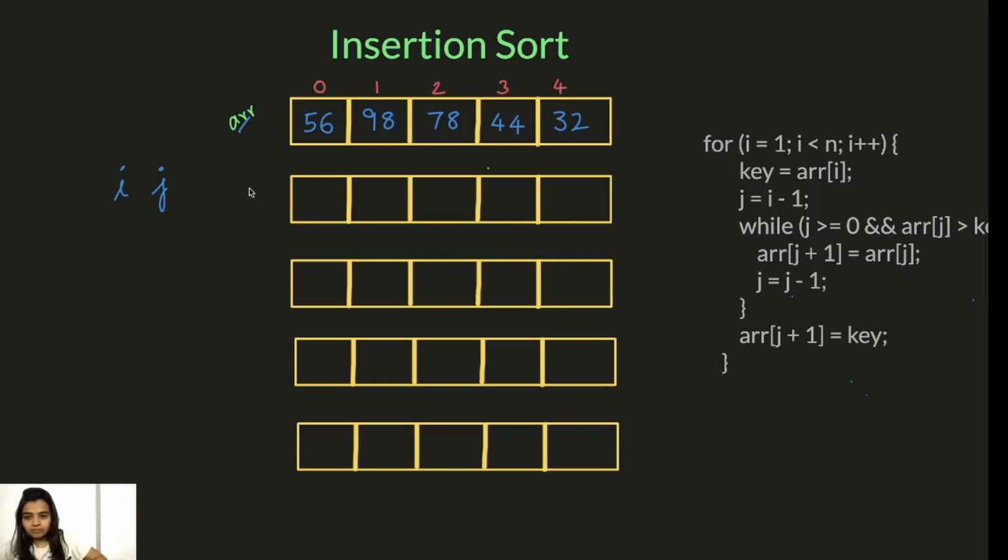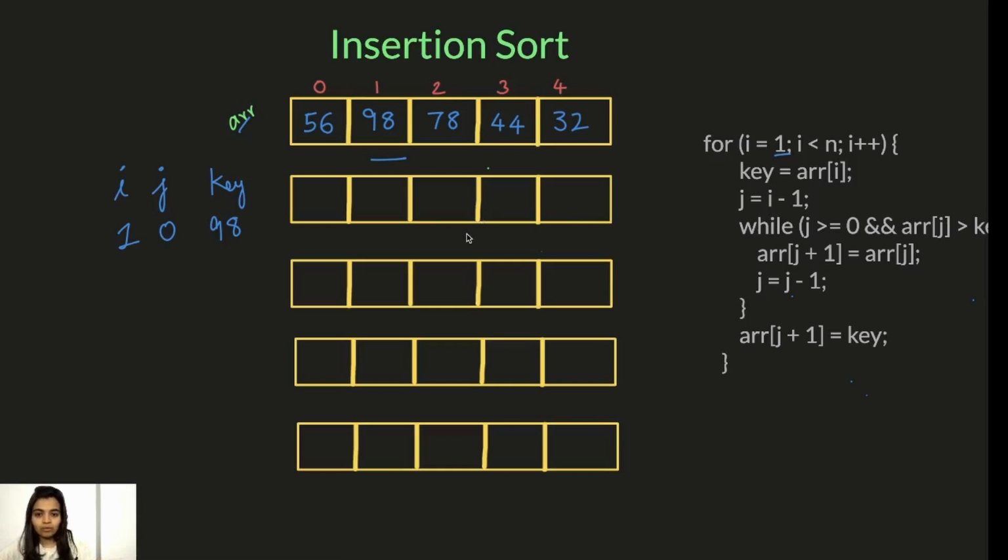First of all, we start i from 1. We want to place the picked element in front. So j is 0, and key is array of i, which is 98.